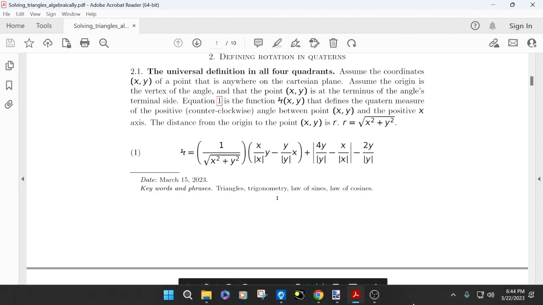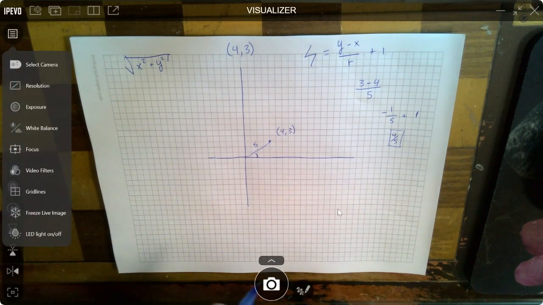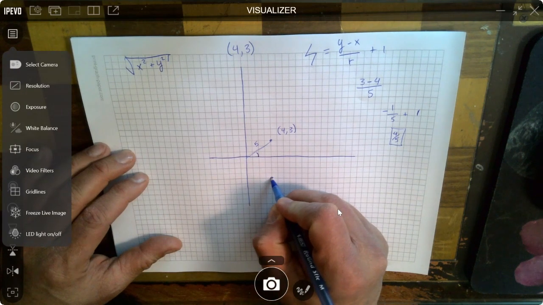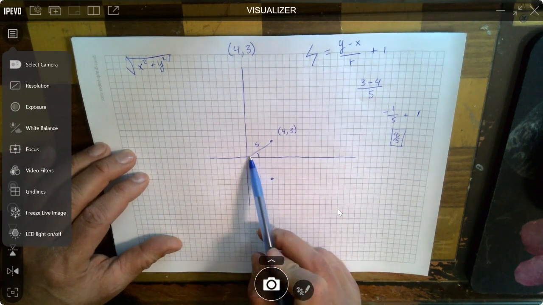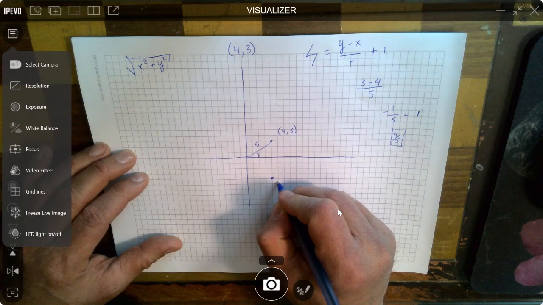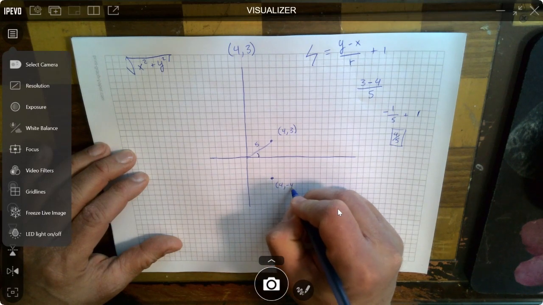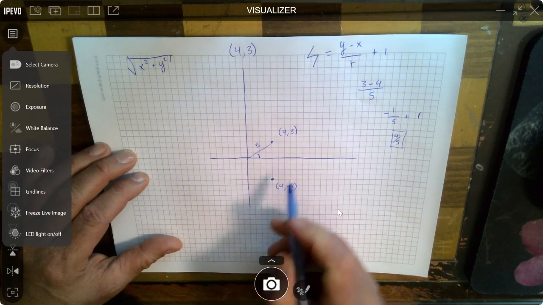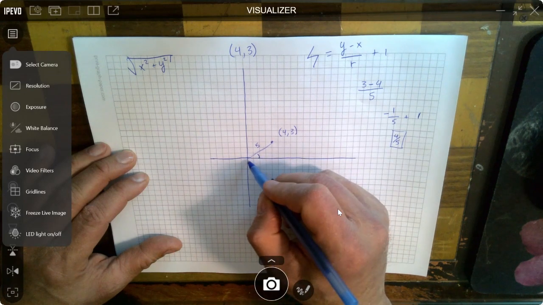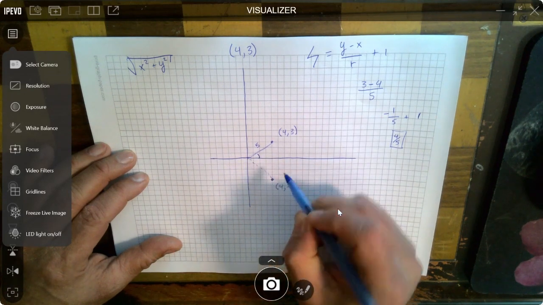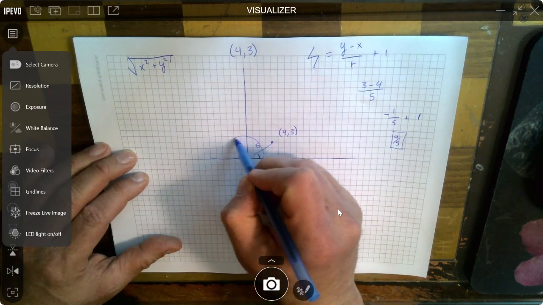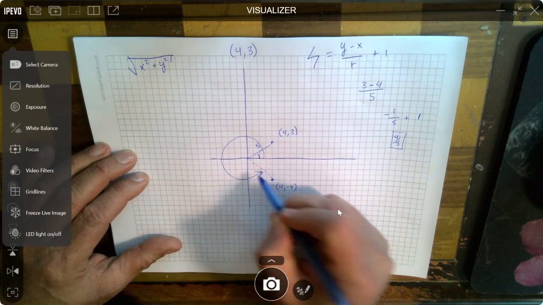So if you had something extreme, like let's say in quadrant 4, a point like here, this one is 4 comma -4. Now to get to that point, you'd have to rotate. First I draw a line straight to it, and you'd have to rotate all the way around like that.